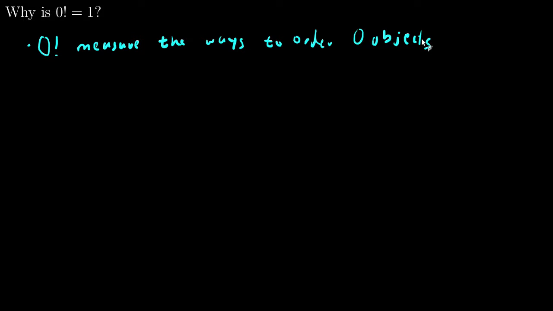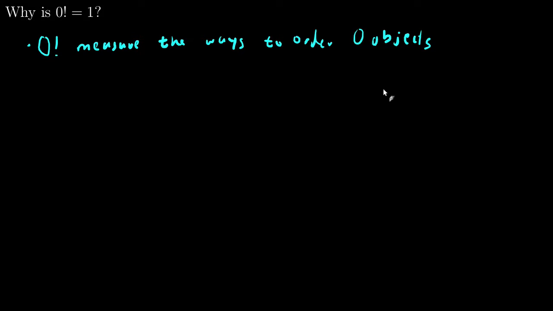If I have no objects, there's one way to order it, and that's just no objects. It's sort of the same idea as having an empty set. There's one thing that has nothing in it, and that's the one way.